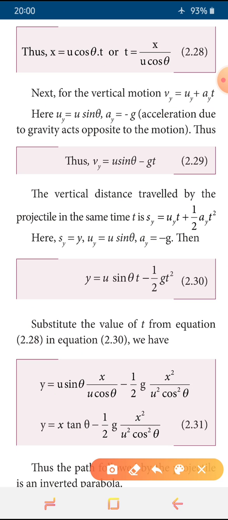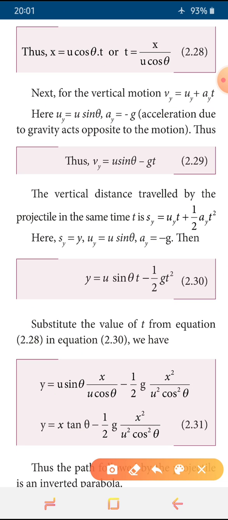Okay, and vertical motion we can write vy is equal to uy plus ayt, and hence uy we can write as u sin theta. We have already seen this, right? Vertical is compared with the u sin theta. Then ay for vertical, it is going up, so from the starting point O to A it is moving against the gravitation, it will be taken as negative.